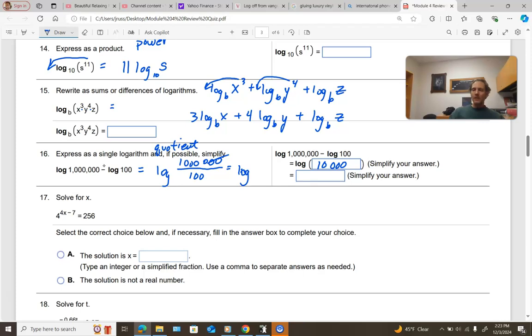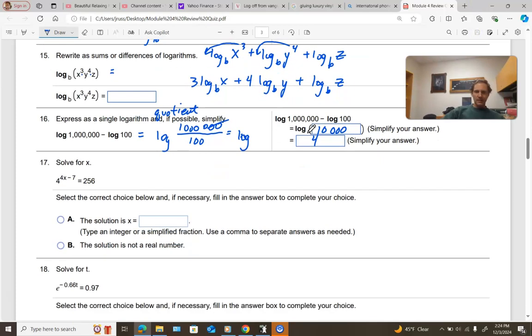You could do it in your calculator, or you could think 10 to what power would be 10,000, and that power would be 4. Actually, guys, you could have put this whole thing in your calculator, and it would have given you 4.